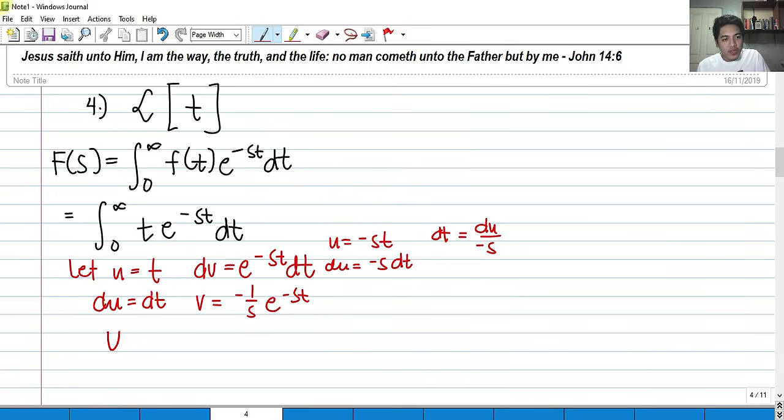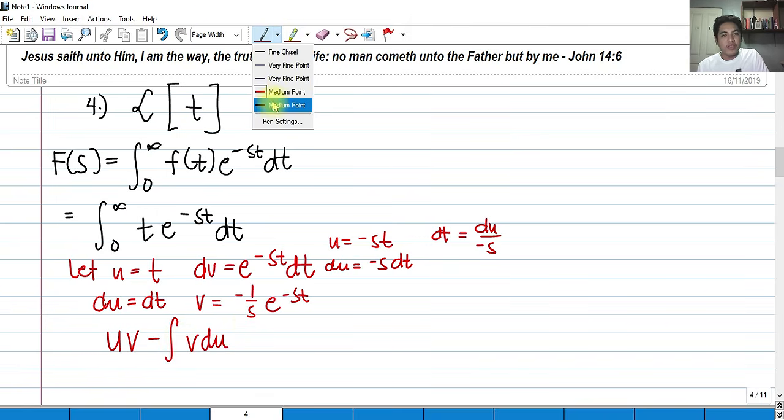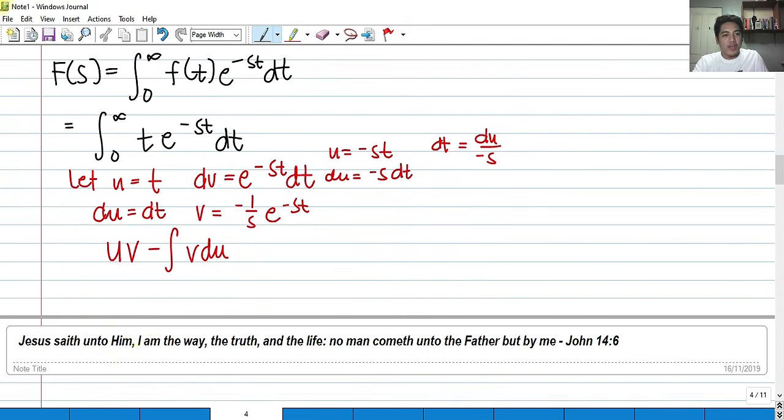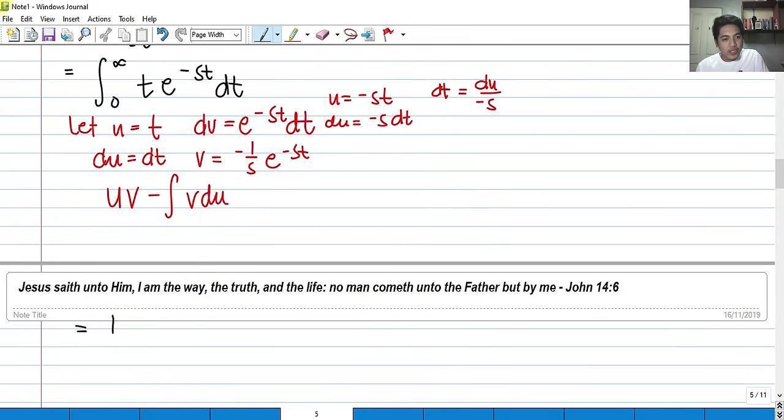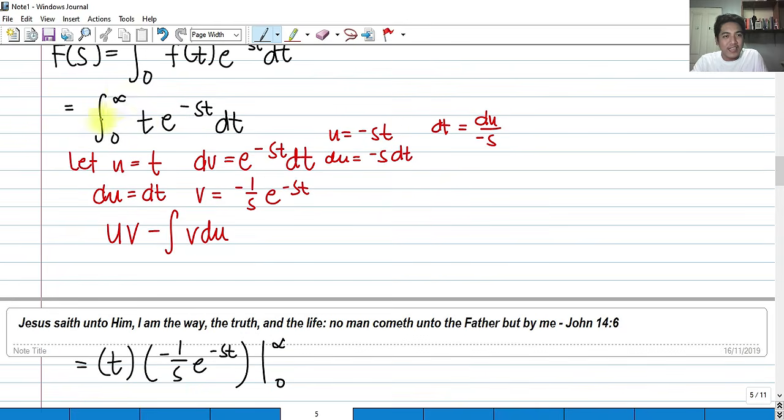And we're going to use the formula for integration by parts as uv minus the integral of v du. So what will happen? Let me just rewrite this here. We have the integral u, which is t, multiplied by v, which is negative 1 over s e raised to negative st, evaluated from 0 to infinity, because that's a definite integral.